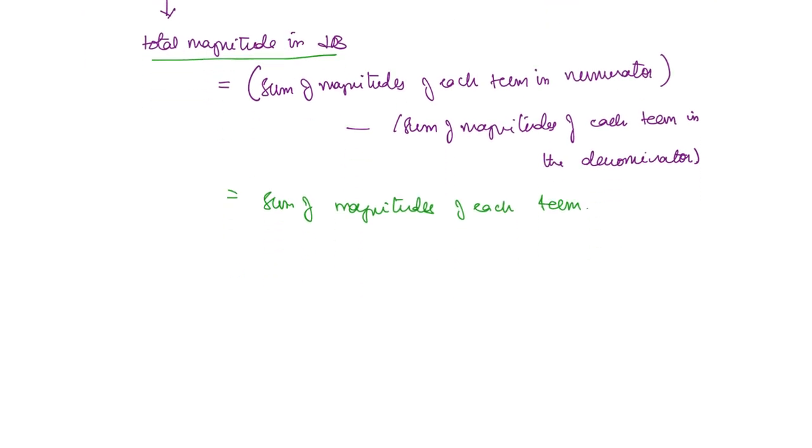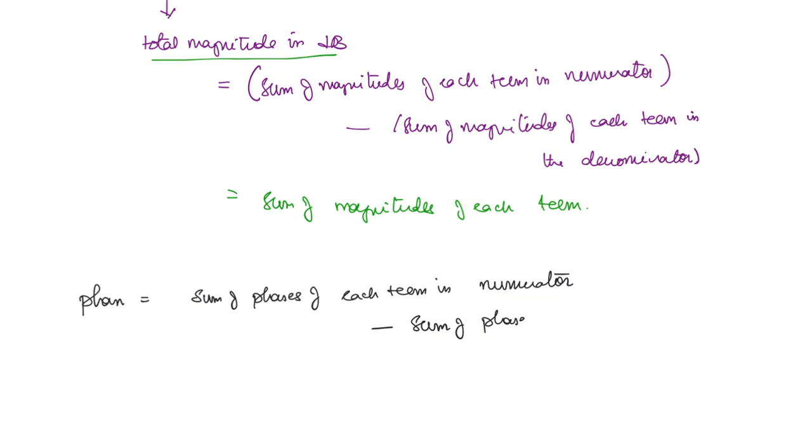The phase is even more straightforward, right? How do we find the phase? It is the sum of phases of each term in the numerator minus the sum of phases of each term in the denominator.